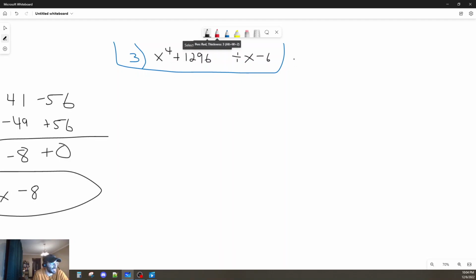So another way to write x to the 4th plus 1296 is going to be x to the 4th plus 0x to the 3rd plus 0x squared plus 0x plus 1296.